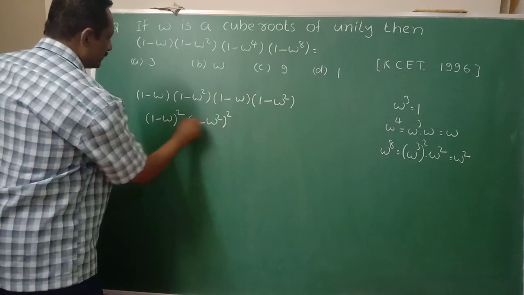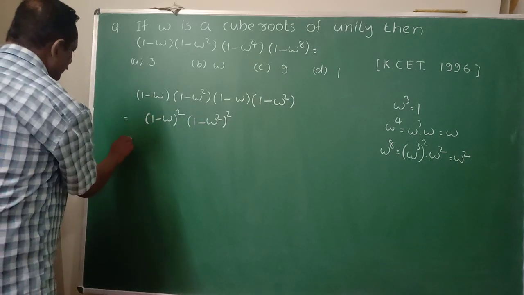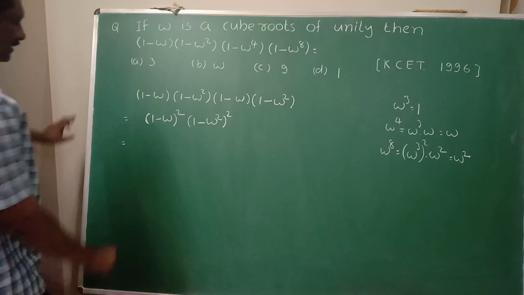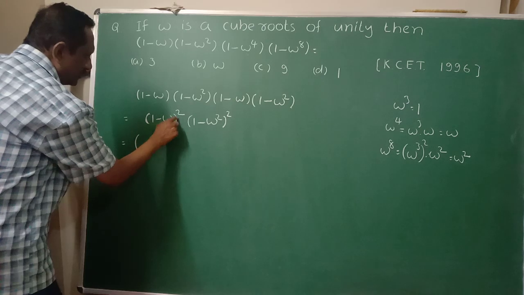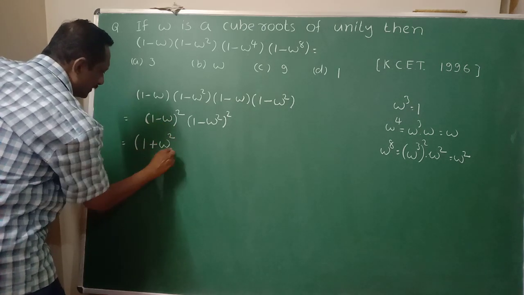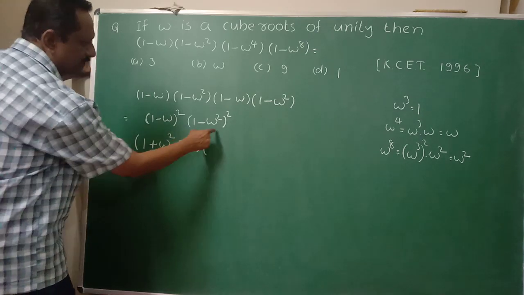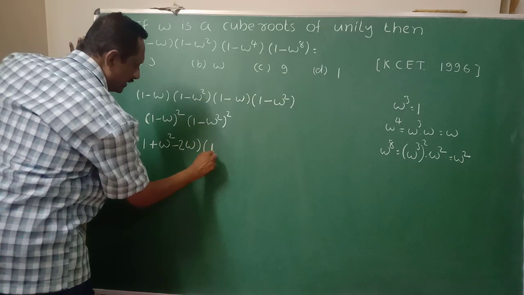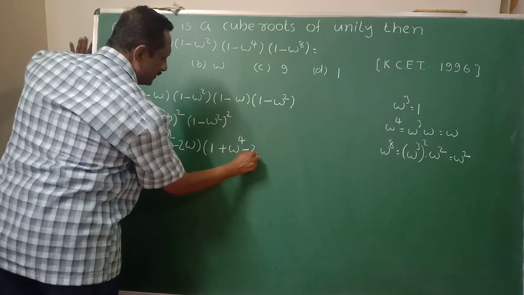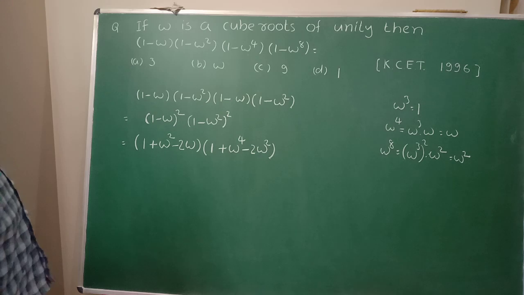Then expand it here using the (a minus b) whole square formula. So (1 minus omega) whole square is 1 square, 1, plus omega square minus 2 omega, into, and expand this one here, 1 square is 1 plus omega raised to 4 minus 2 omega square.